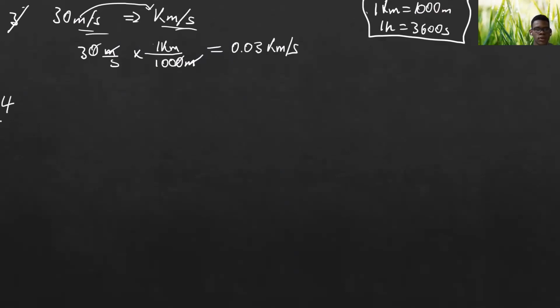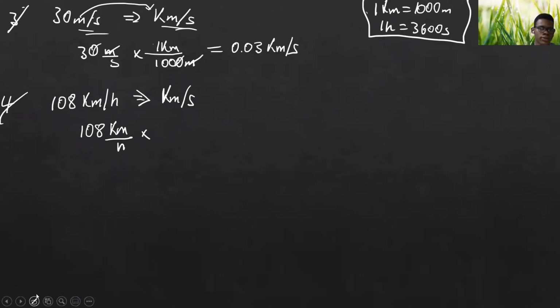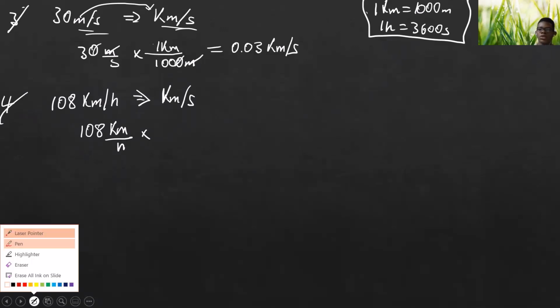And the last one asks us to convert 108 kilometers per hour, another funny conversion, to kilometers per second, right? Again, the kilometers is staying kilometers, it's just hours going to seconds. So we just need to use one conversion factor, and that is 1 hour is equal to 3,600 seconds.